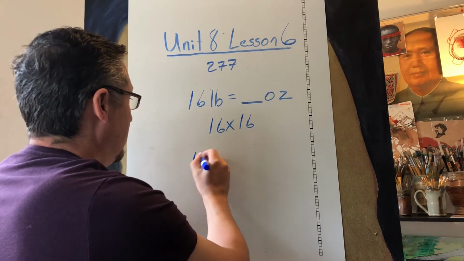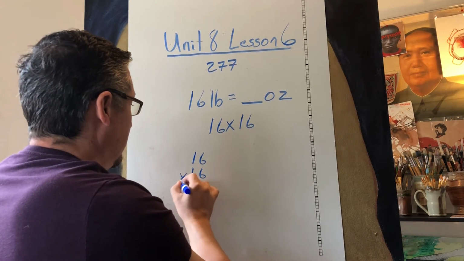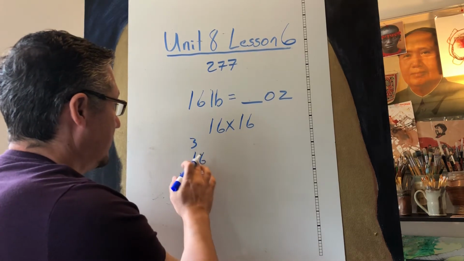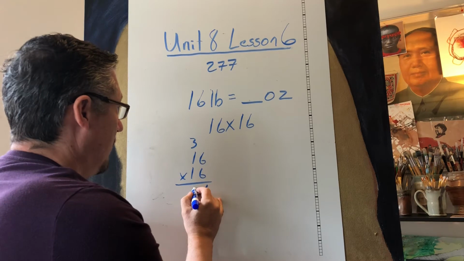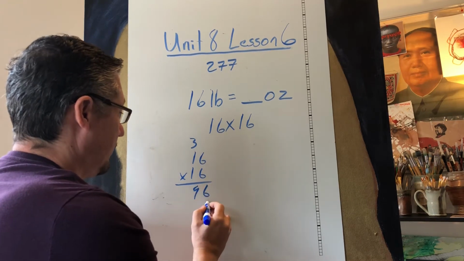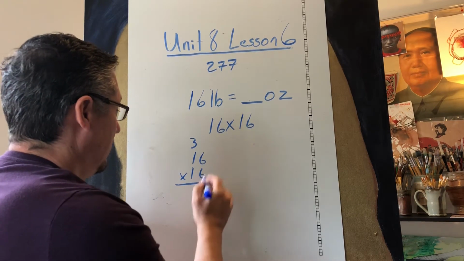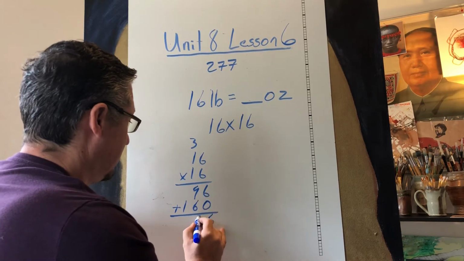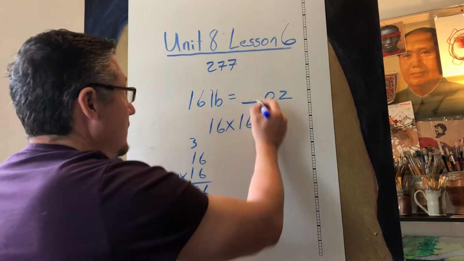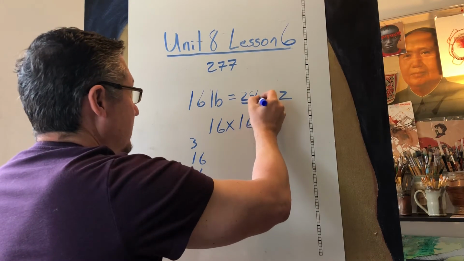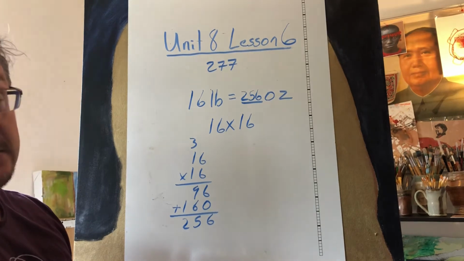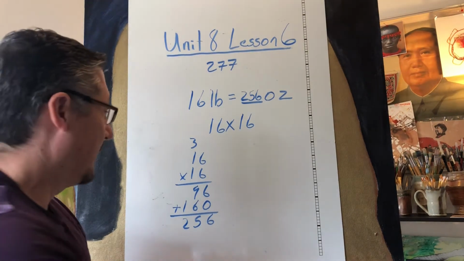So I'm going to do my little math over here. 6 times 6, 36. 6 times 1 plus 3 is 9, so 96. Put my placeholder. Now I add this. So 256 ounces. So 16 pounds equals 256 ounces.